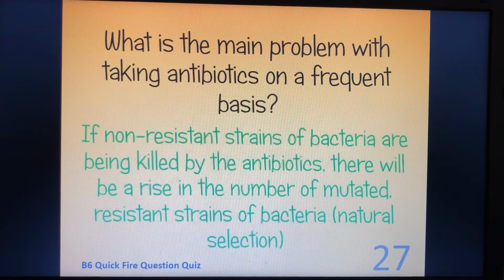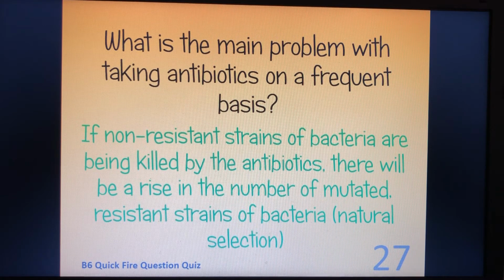And the answer is, if the non-resistant strains of bacteria are being killed, there will be a rise in the number of mutated resistant strains of bacteria. This happens by natural selection. So basically, we've got all these bacteria in our body and some of them have mutated and that's created the resistant strain. They're resistant to the antibiotics.